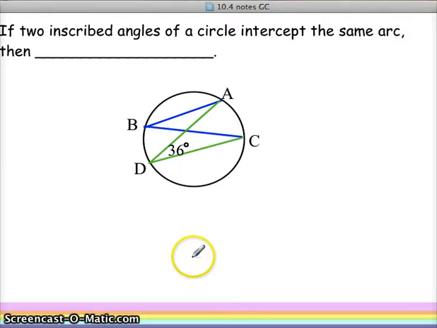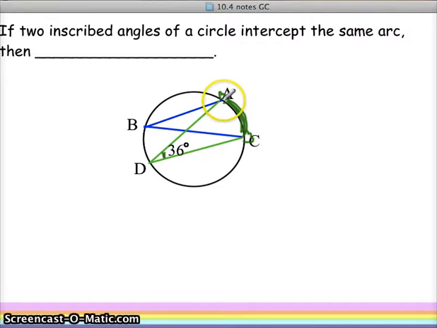Okay, so now this is just kind of applying the same thing. If you look at the green angle, what arc is that grabbing onto? Imagine this is an arm with a hand, and it's grabbing onto arc AC. That angle right there will be half of the arc.